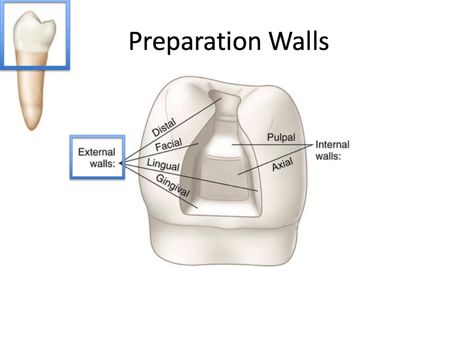So remember, we're staring at the mesial surface of this tooth, and this side to the left is the facial surface of the tooth. So this external wall here is going to be our facial wall because it is parallel and closest to the facial surface of the tooth.